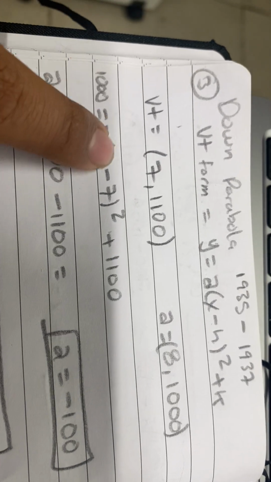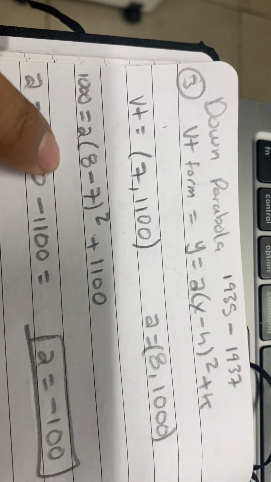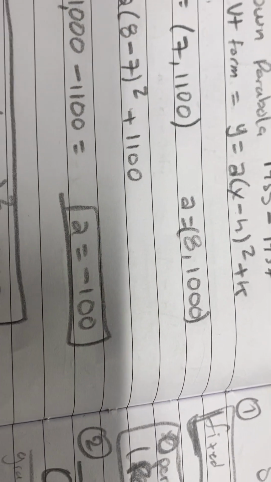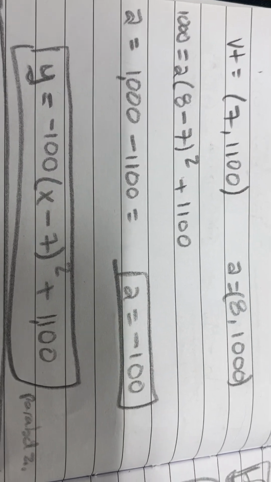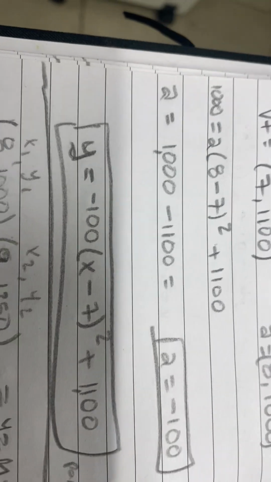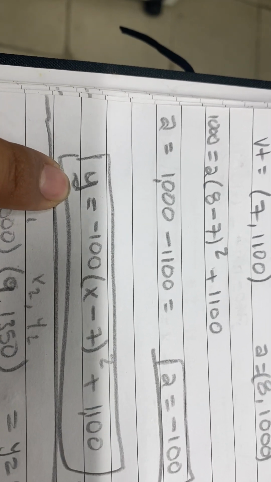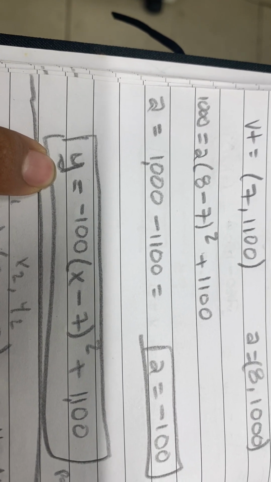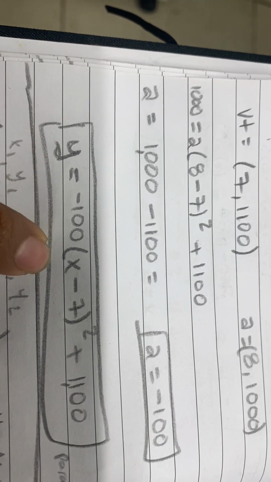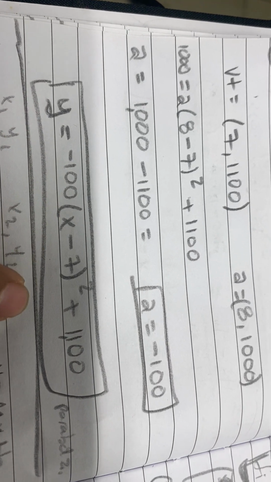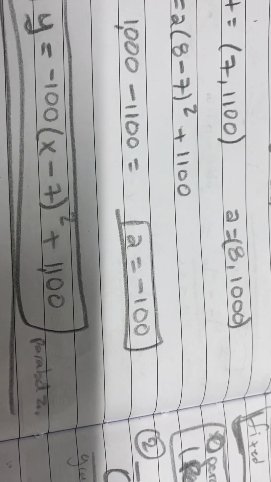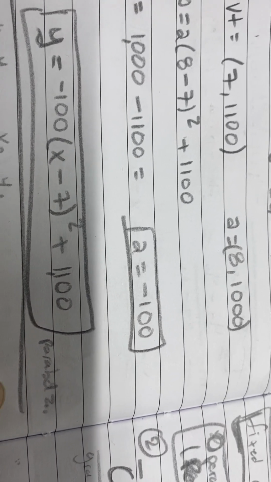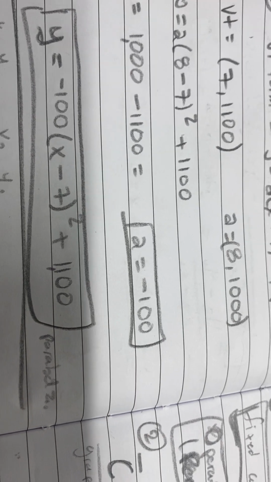Since this basically gets eliminated, we only get 1. And once we're here, we get the value of a, which is negative 100. Now once we know the value of a, which is negative 100, we just substitute it and plug in the other variables that we had. So this gives us the function of the parabola.